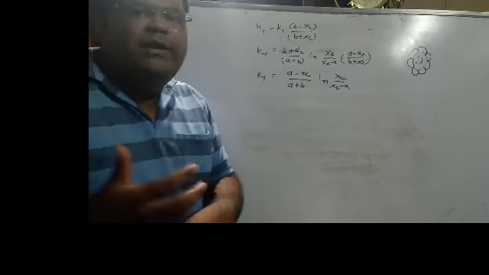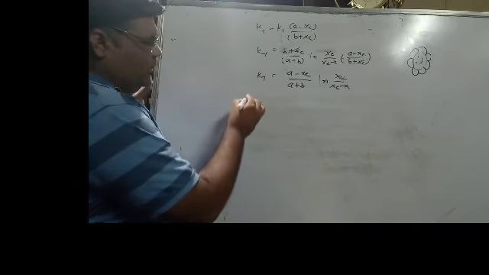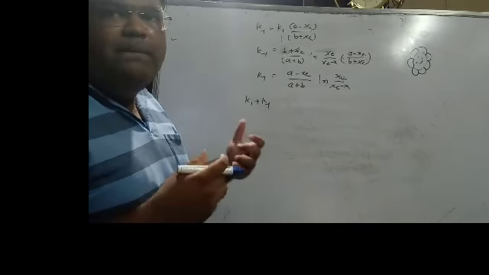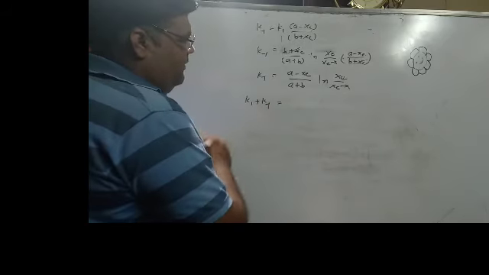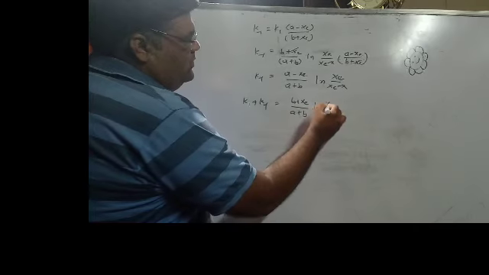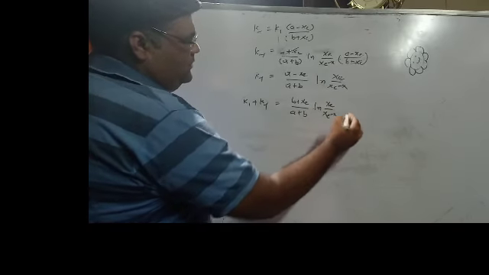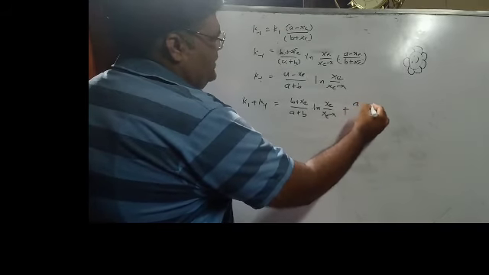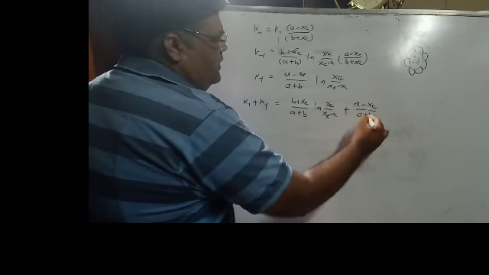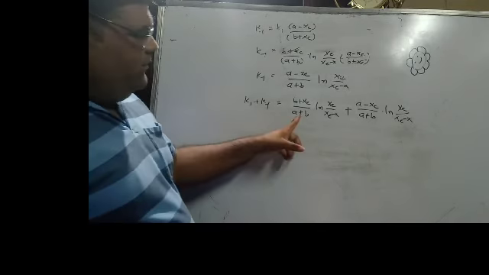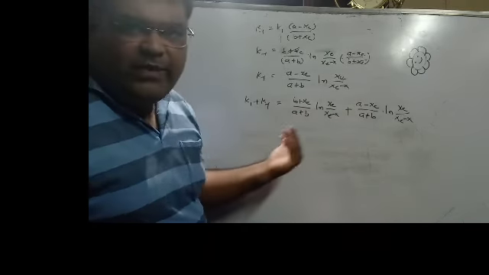Now we have to find the value of k1 plus k minus 1. So we are putting both values. The value of k1 is (b + xe)/(a + b) into ln xe/(xe − x), plus the value of k minus 1, (a − xe)/(a + b) into ln xe/(xe − x). So 1/(a + b) ln xe/(xe − x) will be a common factor.